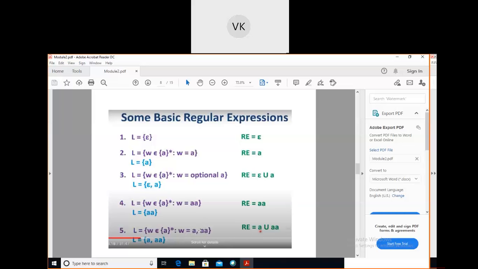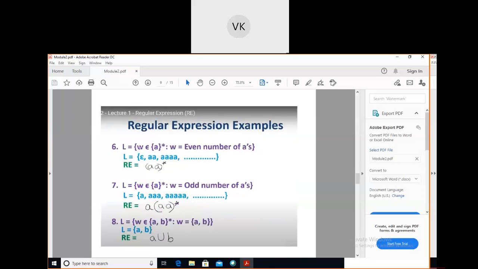The strings of the language are a and aa, and only these two are accepted by the FSM. So the regular expression is a or aa, a union aa, meaning the machine accepts a or aa.